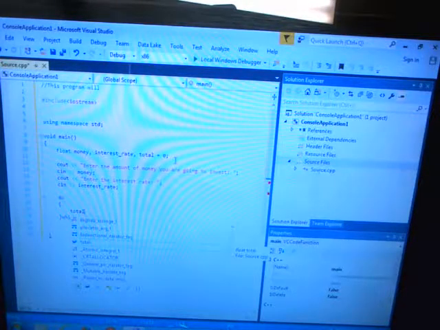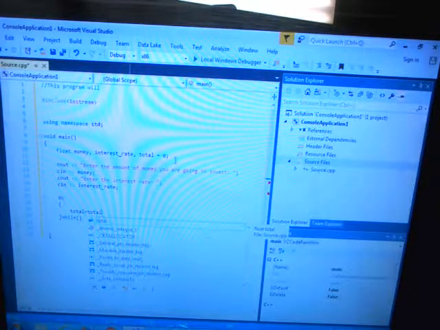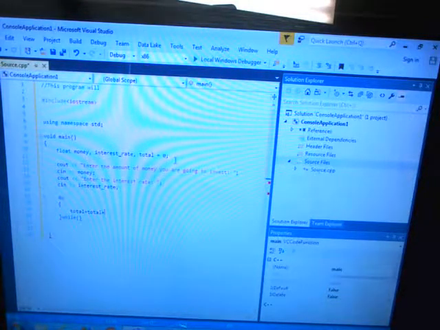So total would be total plus money. So it's not the programming, it's the math, right?